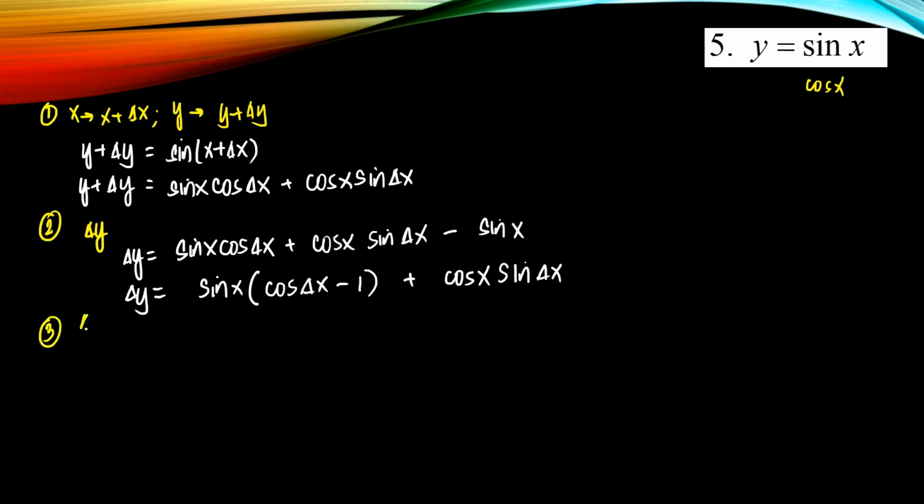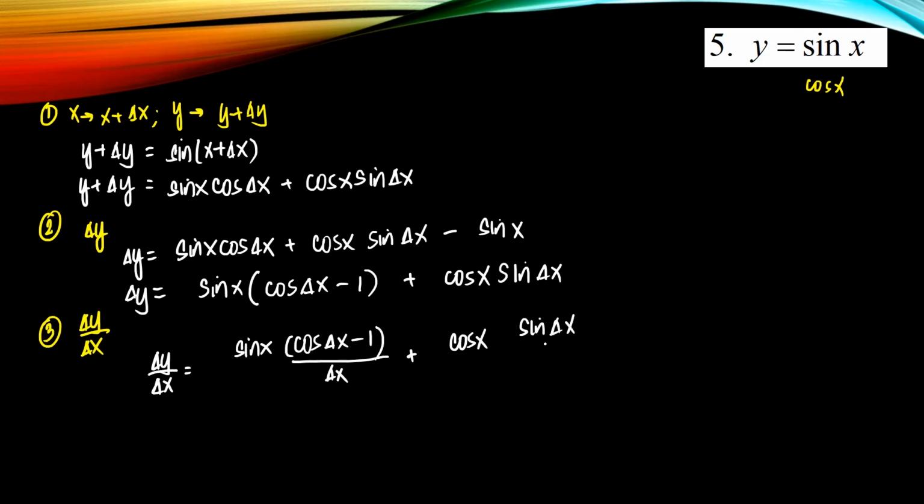As you said, you have to divide by delta x to obtain delta y over delta x. So I'll do that. Delta y over delta x is basically sine x times cosine delta x minus 1 plus cos x sine delta x over delta x.